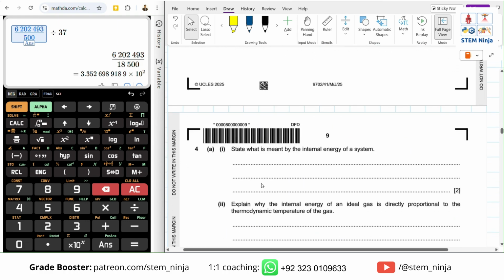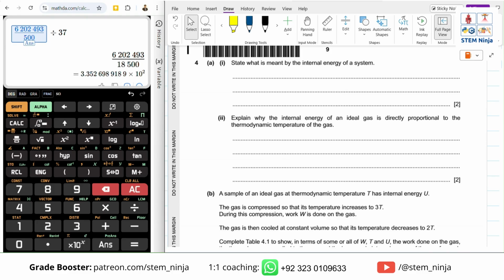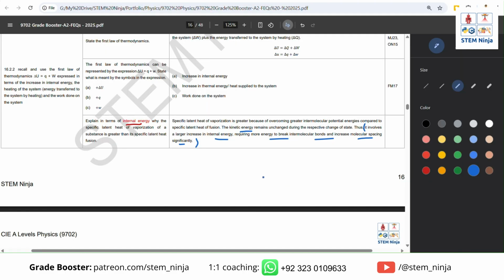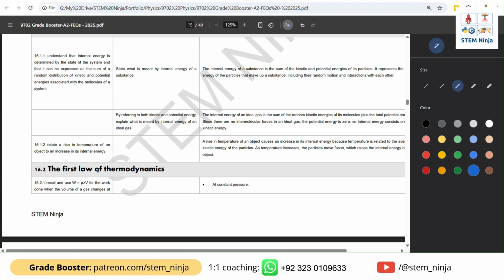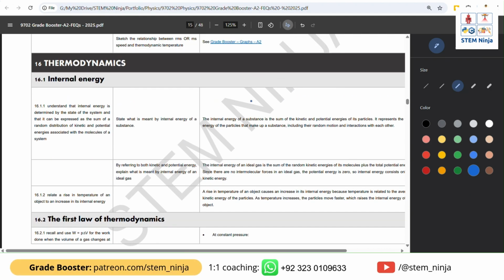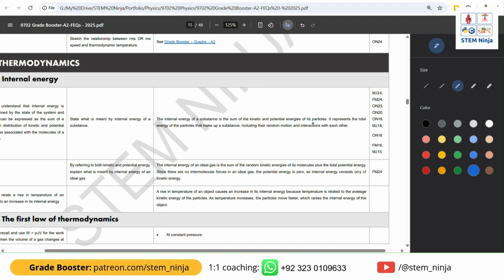Okay, all right. Moving on to the fourth question. State what is meant by the internal energy of a system and explain why the internal energy of an ideal gas is directly proportional to the thermodynamic temperature of the gas. Both are easy and again frequently examined questions. So to understand this, first off, the internal energy is the sum of kinetic and potential energies of its particles.